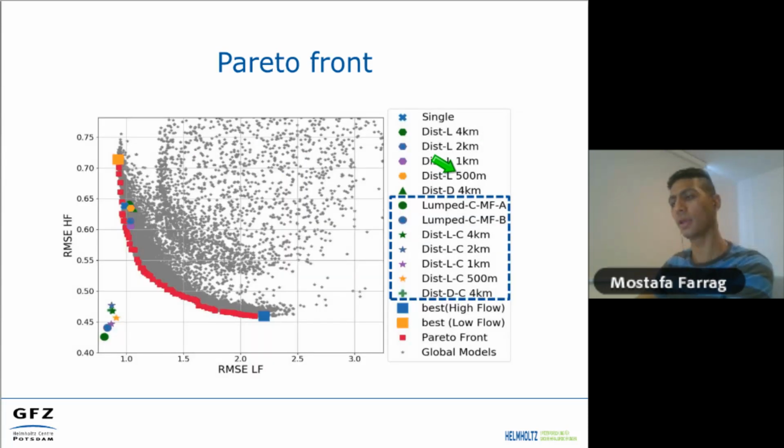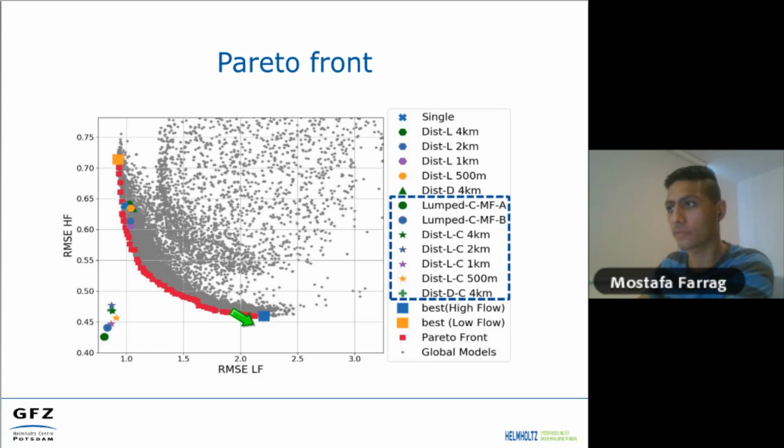And using this multi-objective optimization results in a Pareto set of models. Every single dot of these models is a result of the multi-objective optimization, and all of these models are good. Those in the front are good.